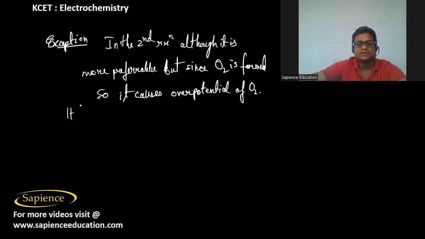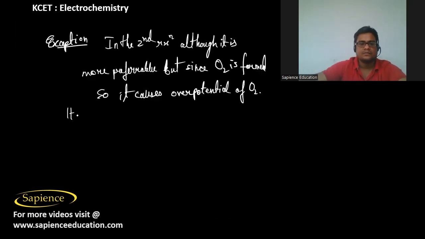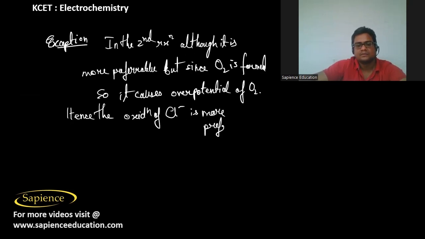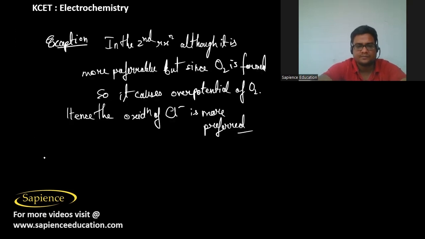Hence, the first reaction will be more preferred. Hence, the oxidation of the chloride ion is more preferred. So the first reaction will only happen. So option A is the correct answer.